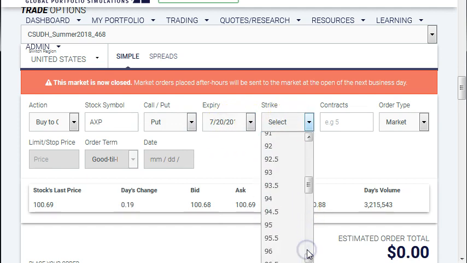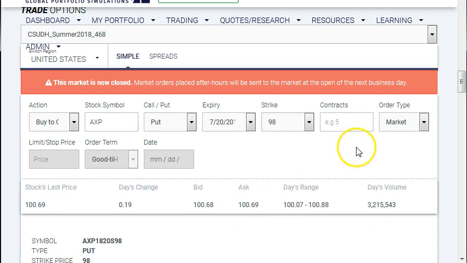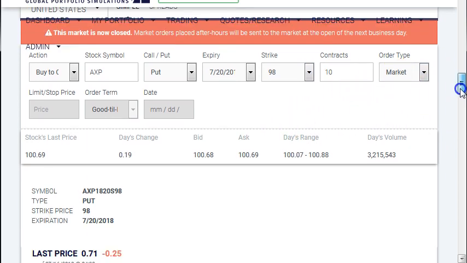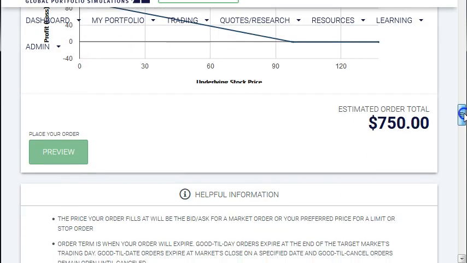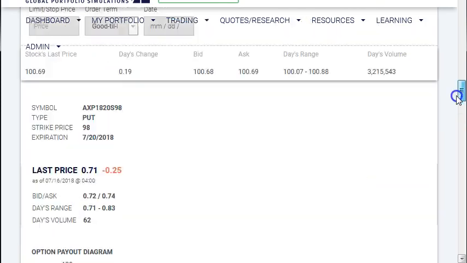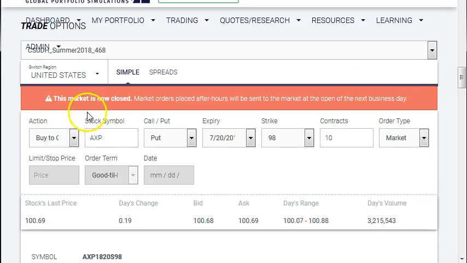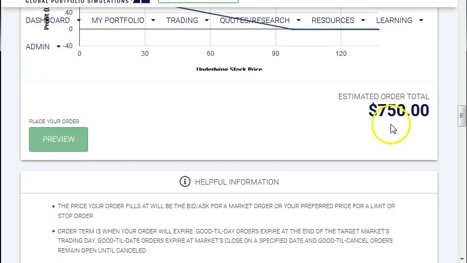Let's say you think the stock, which is right now trading at $100, is going to tank to $98. You can buy 10 contracts again based on the market price, and it looks like with $750 you can buy put options on AXP for the same expiration date, $98 strike, same number of contracts.